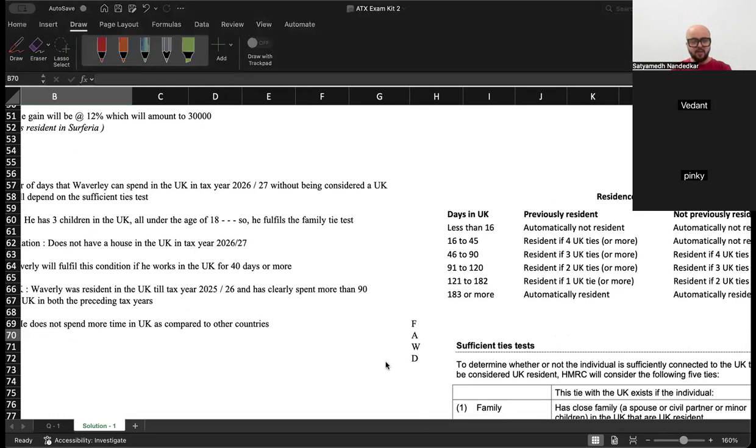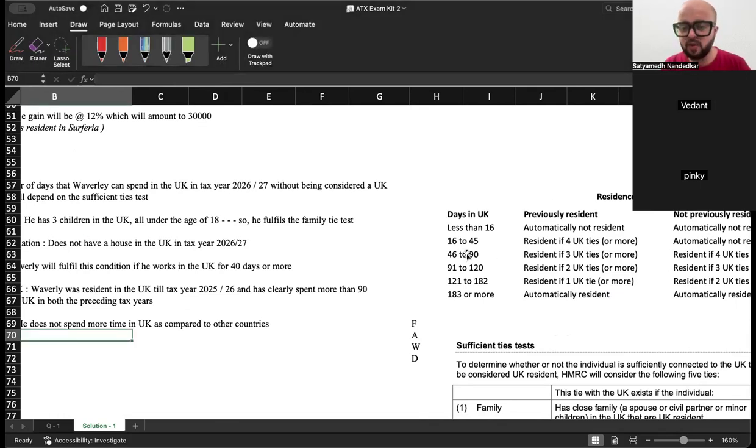So basically, he has to spend 90 days or less in the UK to not be considered a UK resident. And if he fulfills three tests, then he'll be able to spend only 45 days in the UK without being considered a UK resident.